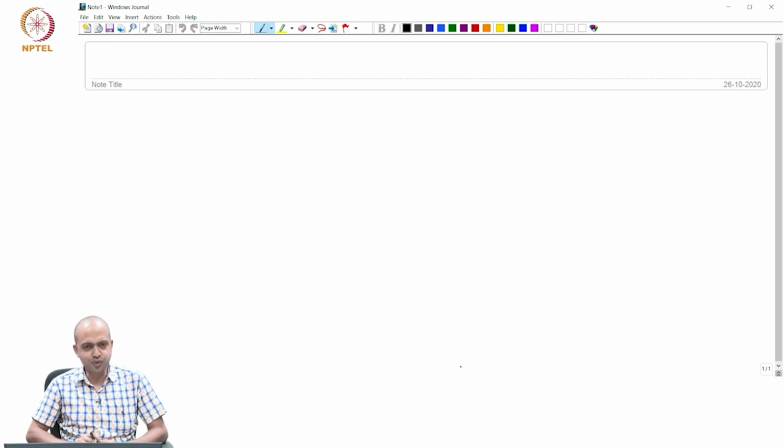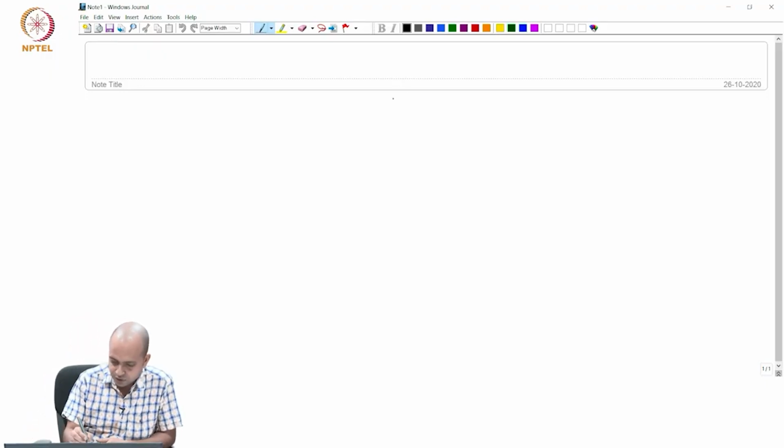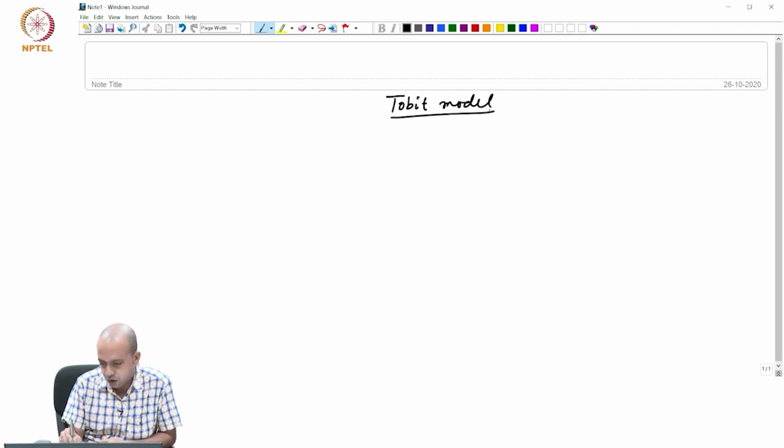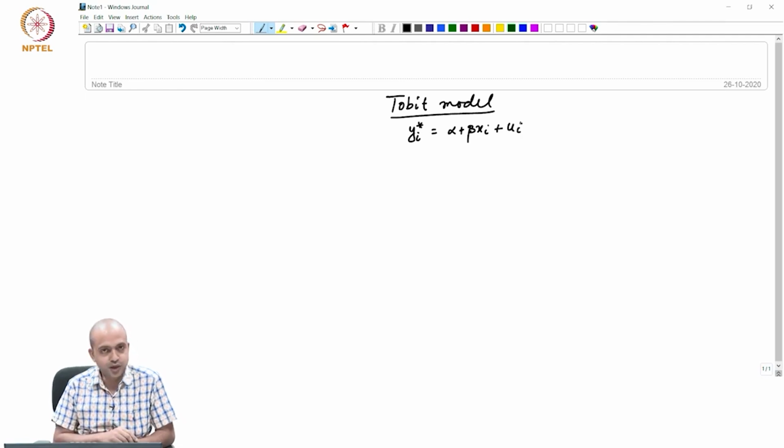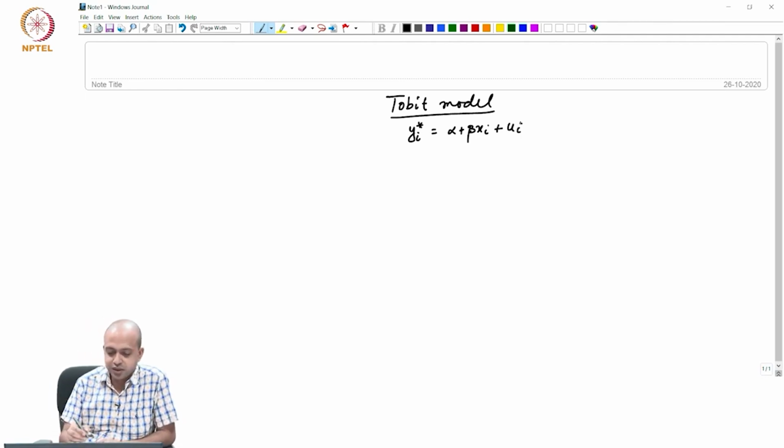Before we start, we will quickly recap the theoretical portion once again, so that our understanding would be better. So, basically this is the Tobit model we were discussing, and this is the latent variable yi star equals alpha plus beta xi plus ui, that is the model we were discussing.